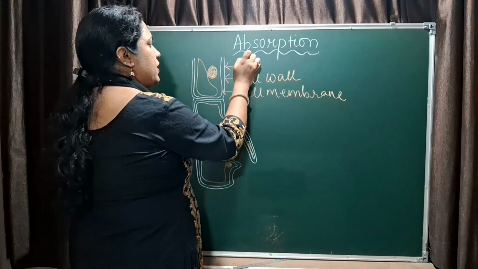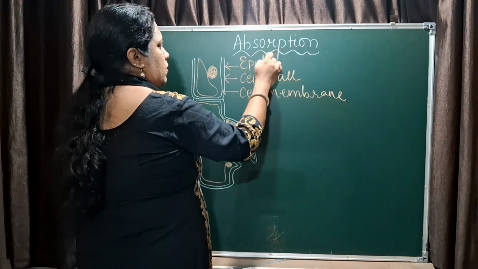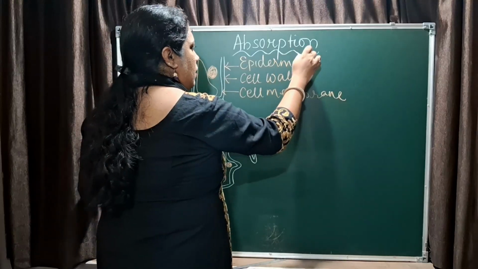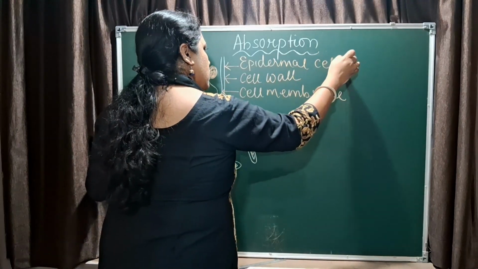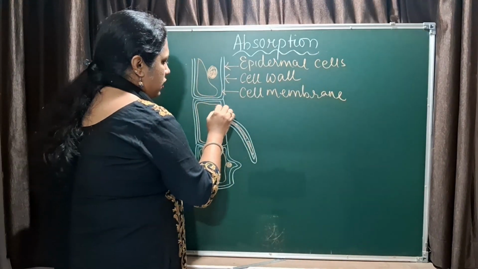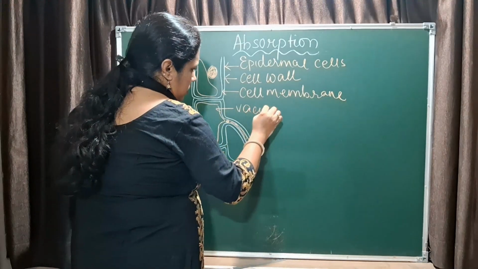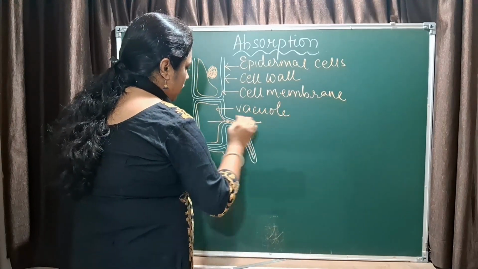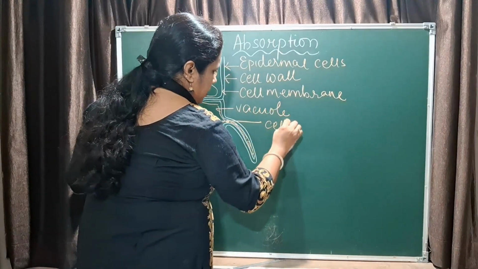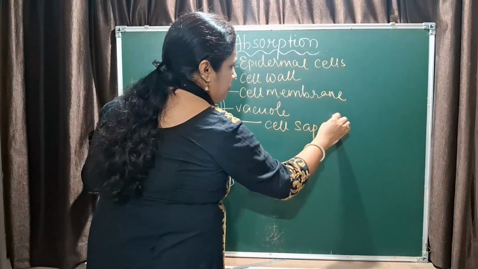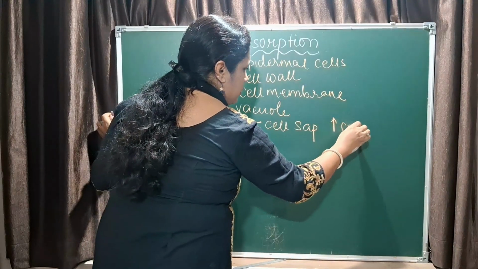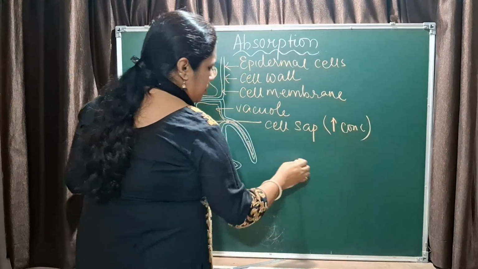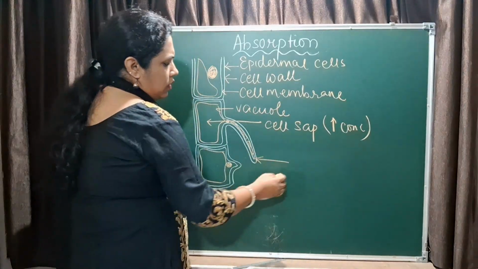these are the epidermal layer of the root, because it is the outermost layer, the epidermal cells. Okay, then you have got the vacuole. The vacuole contains the cell sap. This cell sap is of higher concentration to allow the water absorption from the soil into the root.